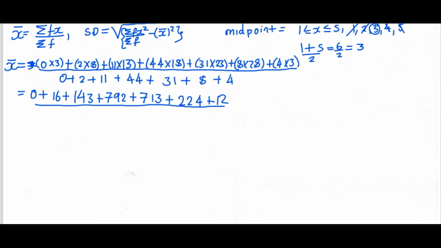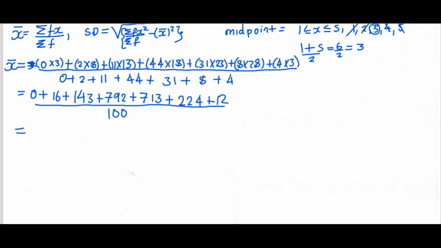So 0 plus 2 is 2, plus 11, 13, plus 44, 57, plus 31, 88, plus 8, 96, plus 4, 100. So our total frequency is 100.